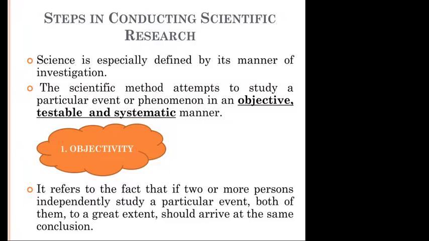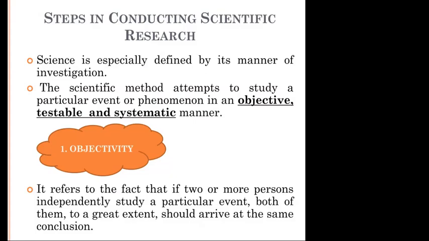So to talk about the steps in conducting scientific research, science is especially defined by its manner of investigation. Now when I talk about a scientific method, to say that that particular method is scientific, it requires the study of particular events or phenomena in a form where it is objective based, testable and systematic.